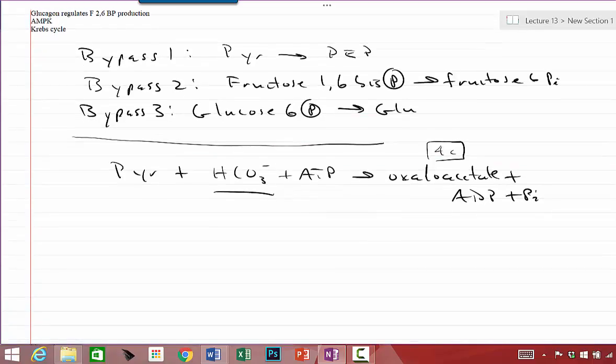Okay, how does this work? In the first step, we need to activate this bicarbonate so that it has a good leaving group, and therefore pyruvate will be able to attack it with ease. So let's talk about the first step. I'll write out bicarbonate.